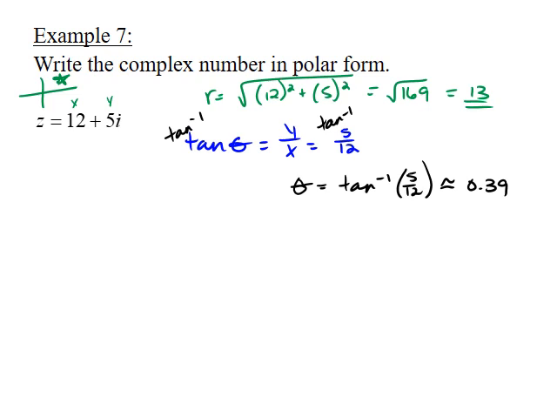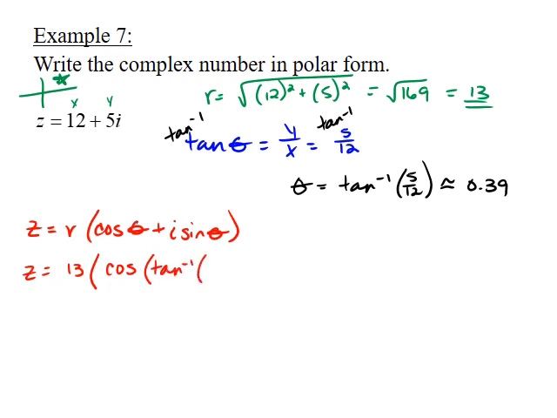Well, I have R and I have theta, so I can go ahead and write this in polar form. Remember, if I need to write something in polar form, I need R and theta, which I have. So this is equal to 13 times cosine of, if I want to write it exact, tan inverse of 5/12, plus i sine of tan inverse of 5/12.